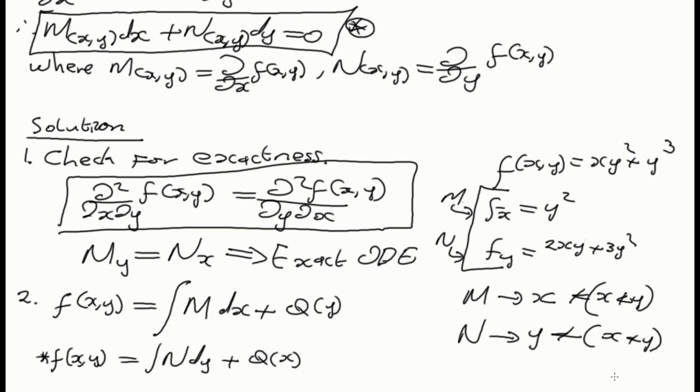So those terms will be recovered here. So in any case, if you opt to integrate the N function with respect to y, you'll get both of these terms, the y and the x. You will recover them.